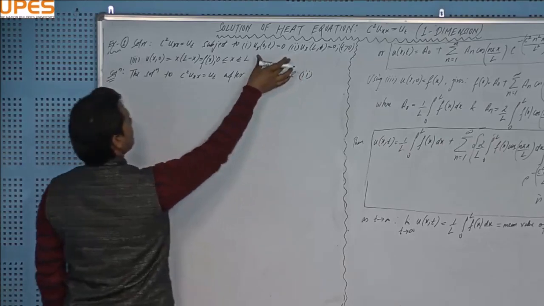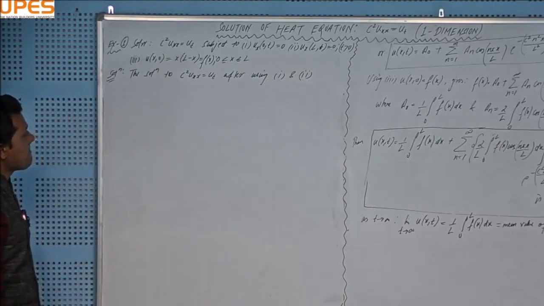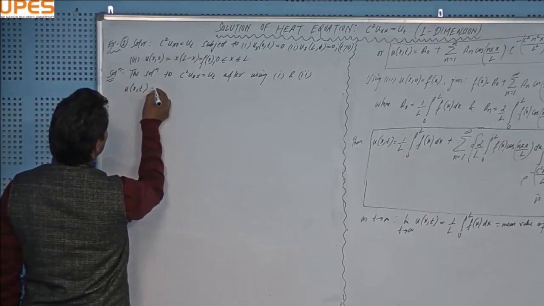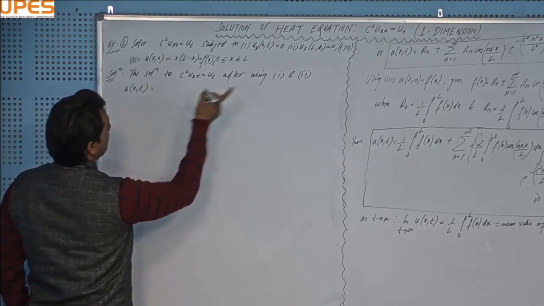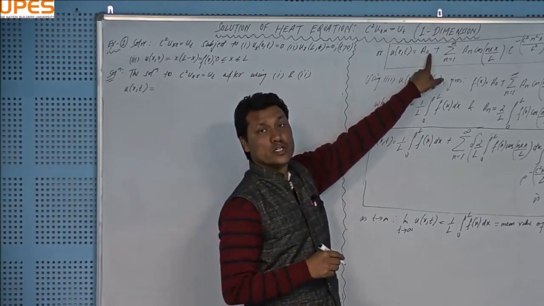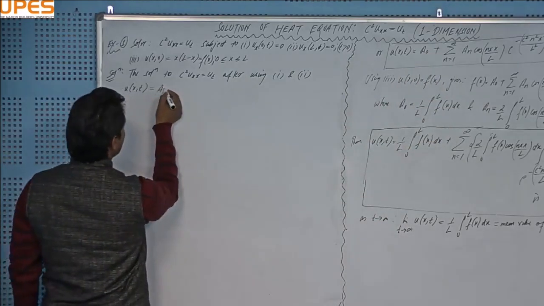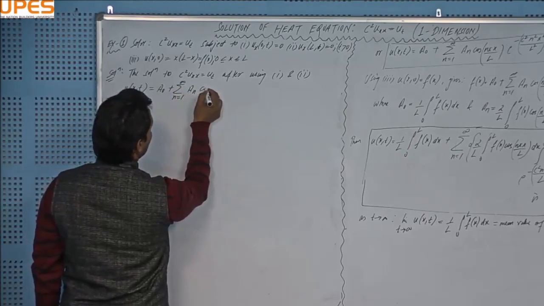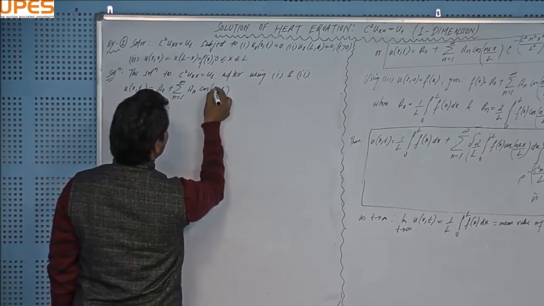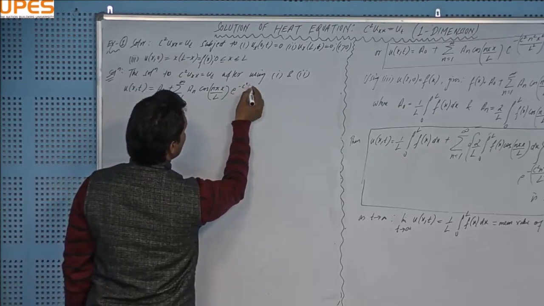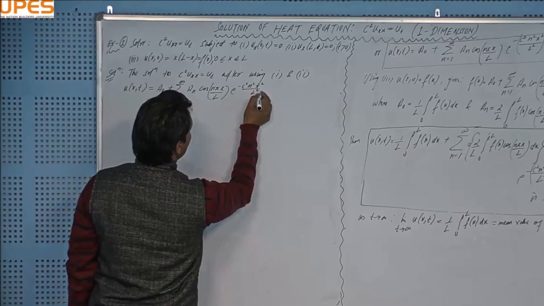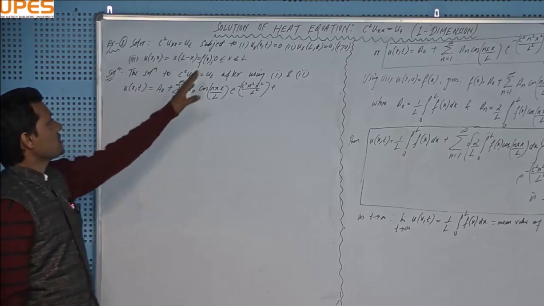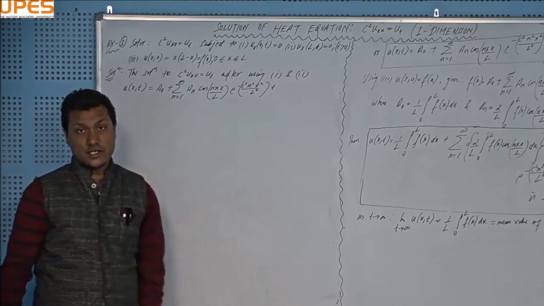I am writing the solution for these two conditions, and the solution should be u(x, t) = what we had, using only two conditions: a_0 + summation n = 1 to infinity a_n cos(nπx/L) multiplied by e to the power −c²n²π²t/L², right? So this is the solution after using condition number 1 and 2. I have written that directly from the theory.